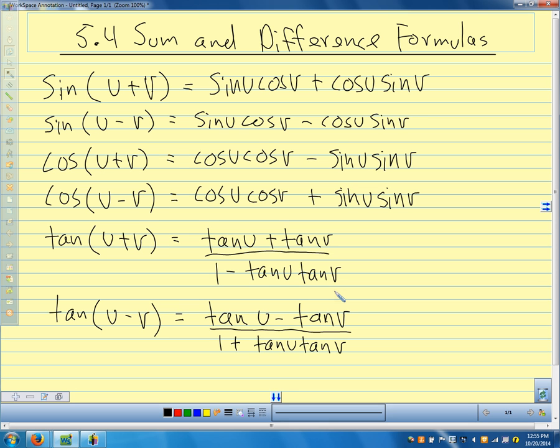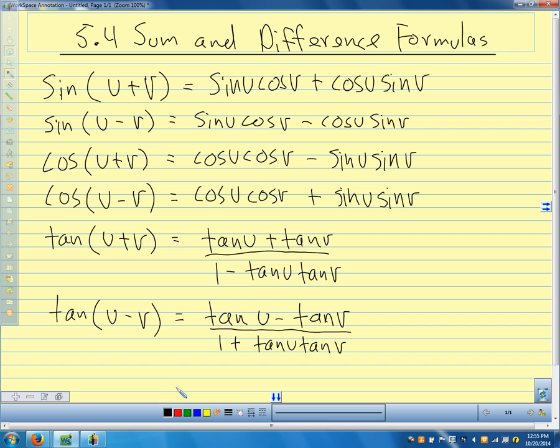The reason that we use these, or where they come up, is often it is easier to work with this formula than with this formula. And often when we write the sum or the difference in this form rather than this form, we can get some things to cancel out and simplify equations when they involve a sum or a difference of an angle.